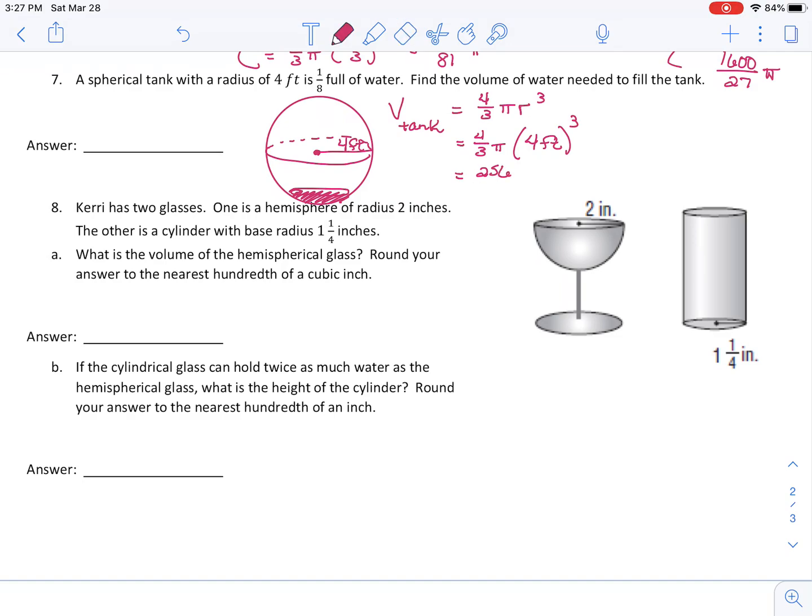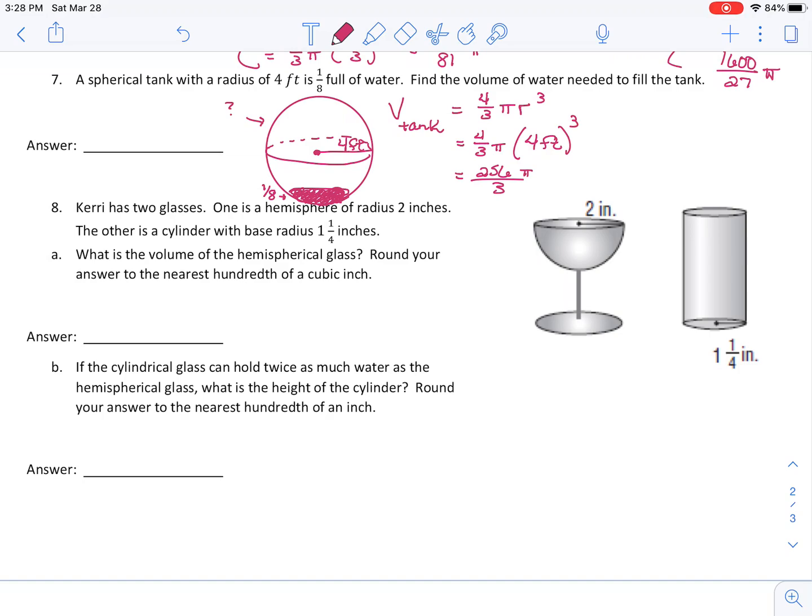256 pi over 3, or 256 over 3 pi. Now again, that's the whole tank. If it's 1/8 full of water, then I want to know, well, how much is left to fill up the rest? So I know nobody likes fractions, but think about it for a second.